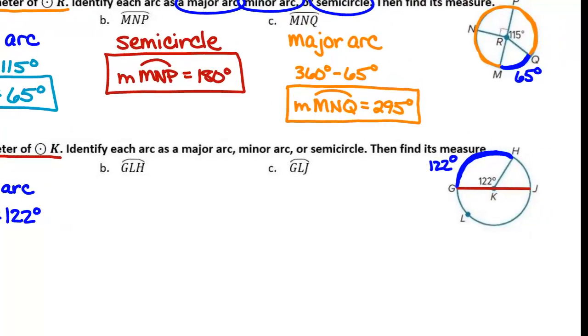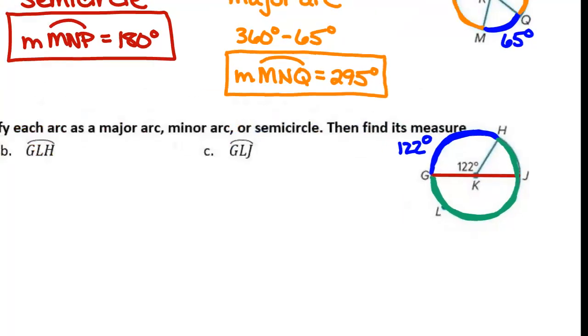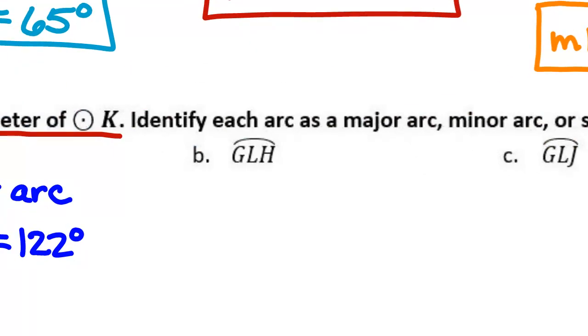Then they want me to find the measurement of arc GLH. So GLH going around this way. Is that a minor arc, a major arc, or a semicircle? That's a major arc. It goes more than halfway around the circle.